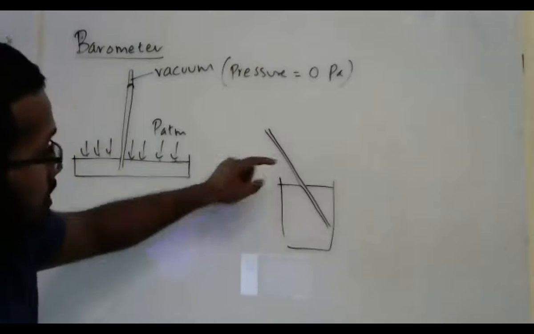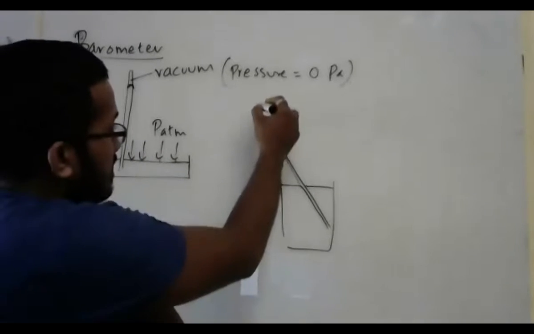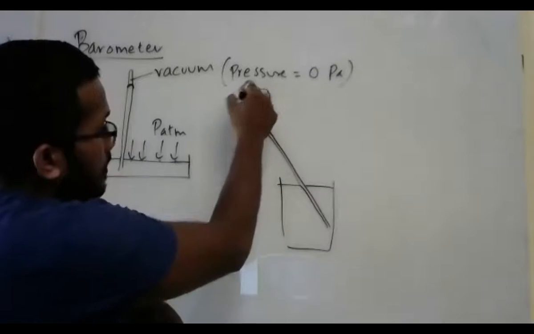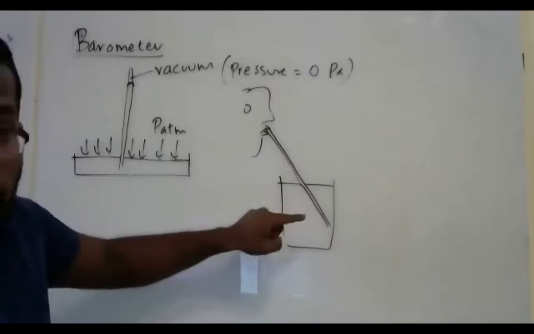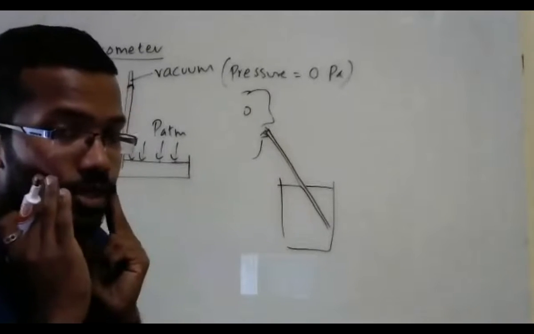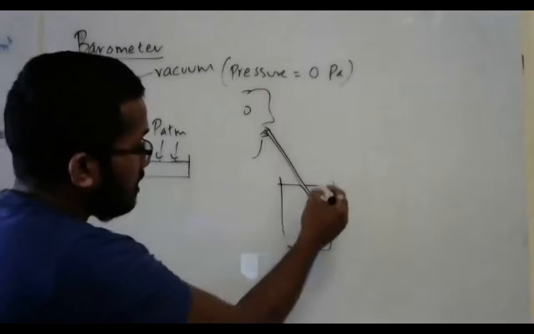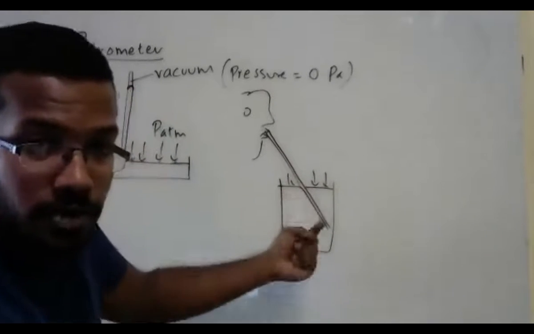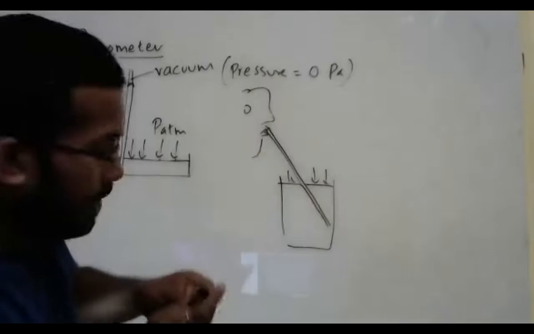Now it's the same thing as if you are sucking liquid out of a straw. You create a suction here, a low pressure zone, and here you have atmospheric pressure. Therefore, the water flows up, right?